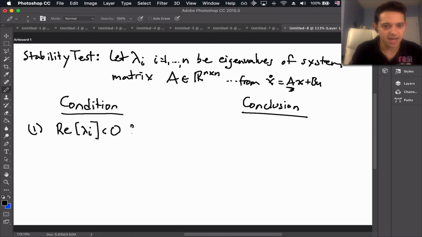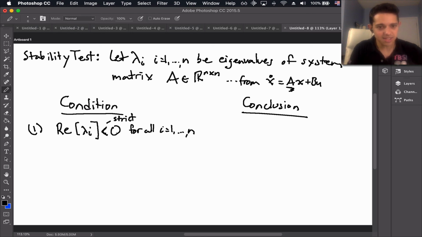And if it's negative for all the indices, 1 to n, that is lambda 1, lambda 2, all the way to lambda n, if we check the real part and it's strictly less than 0, then the conclusion here is that the system is asymptotically stable.